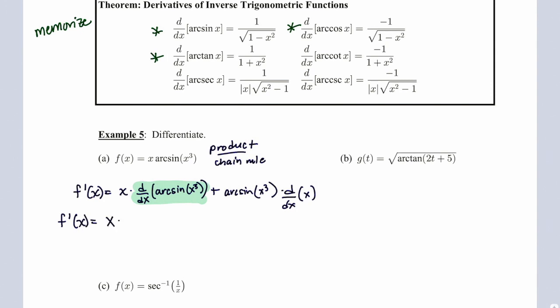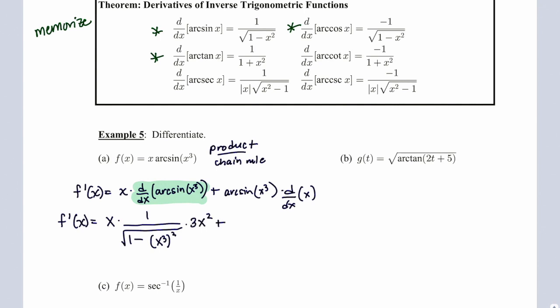So I want x times, and the second is a composition of arcsine and x cubed. So I do the derivative of the outside function using the inside function as its input, right? So the derivative for arcsine of x is 1 over square root of 1 minus x squared. So I'm going to have 1 over square root of 1 minus, instead of x squared, I want x cubed squared, times the derivative of the inside, which would be 3x squared.